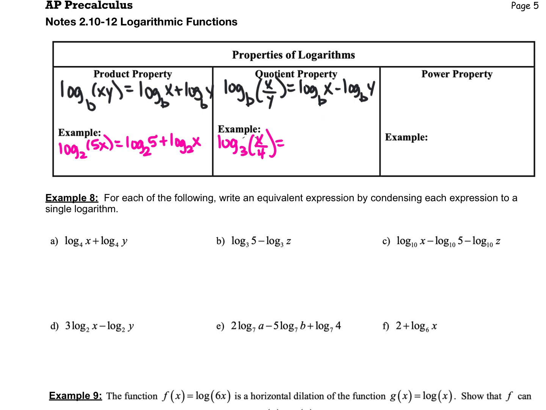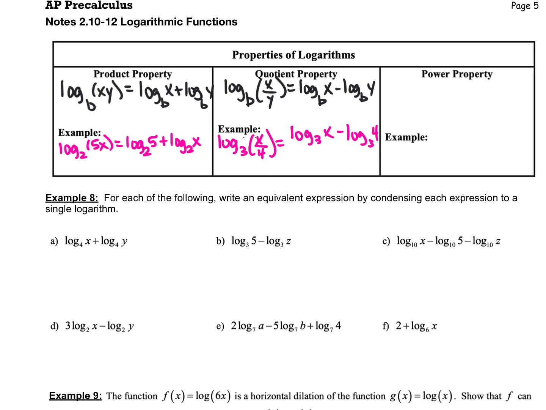So if we put it into non-variable form, log base 3 of x divided by 4 would give me, bless you, log base 3 of x minus log base 3 of 4. So if we have division within a single logarithm, we can split it apart with subtraction of two logarithms.